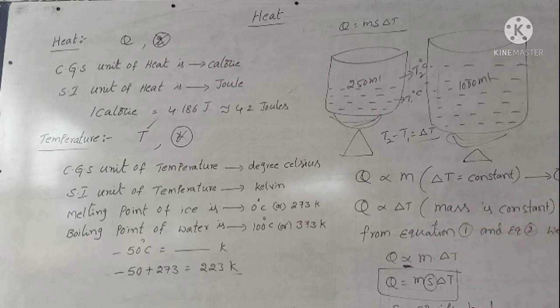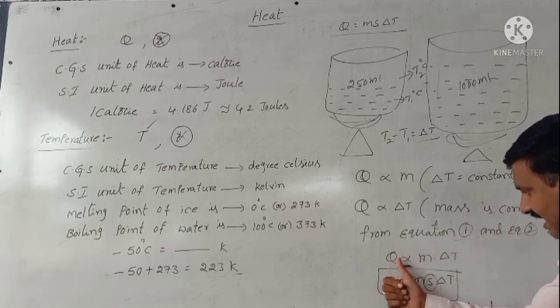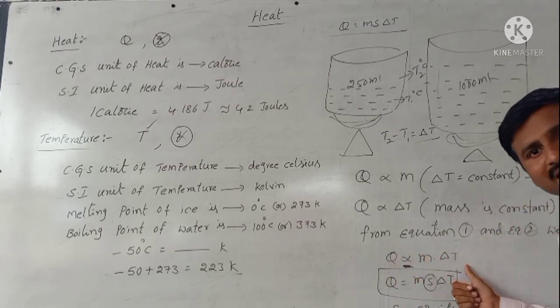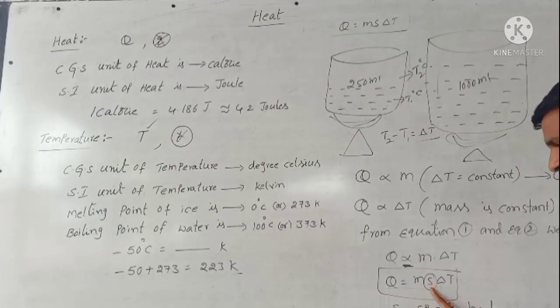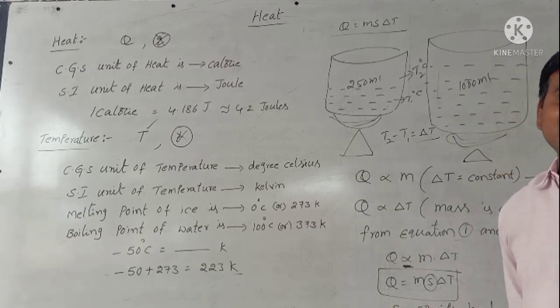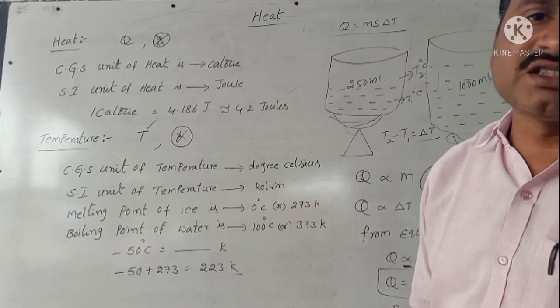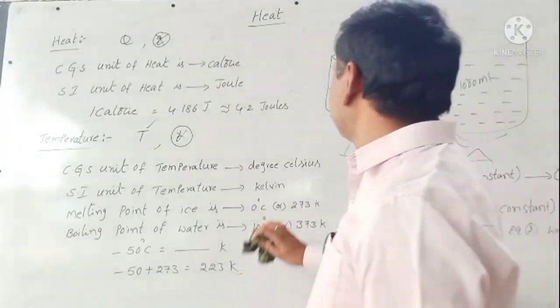This is equation 2. From equations 1 and 2, we get Q is directly proportional to m delta T. Removing proportionality, we put the constant s: Q equals m s delta T. Here s is the specific heat, which depends upon the nature of the material or substance.